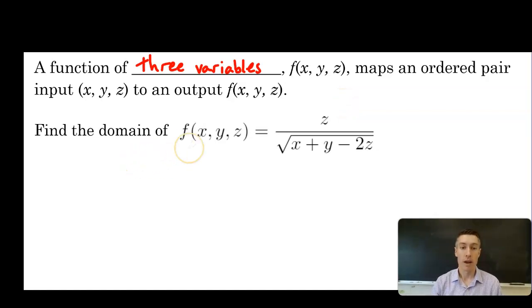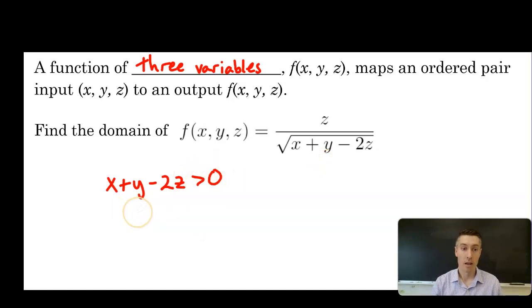So find the domain of the function f of x, y, z equaling z over the square root of x plus y minus 2z. So we have a square root function in the denominator, so that means that x plus y minus 2z is strictly greater than 0, because the square root is greater than or equal to 0, and the denominator can't be equal to 0. Combining those 2 domain restrictions, strict inequality here.